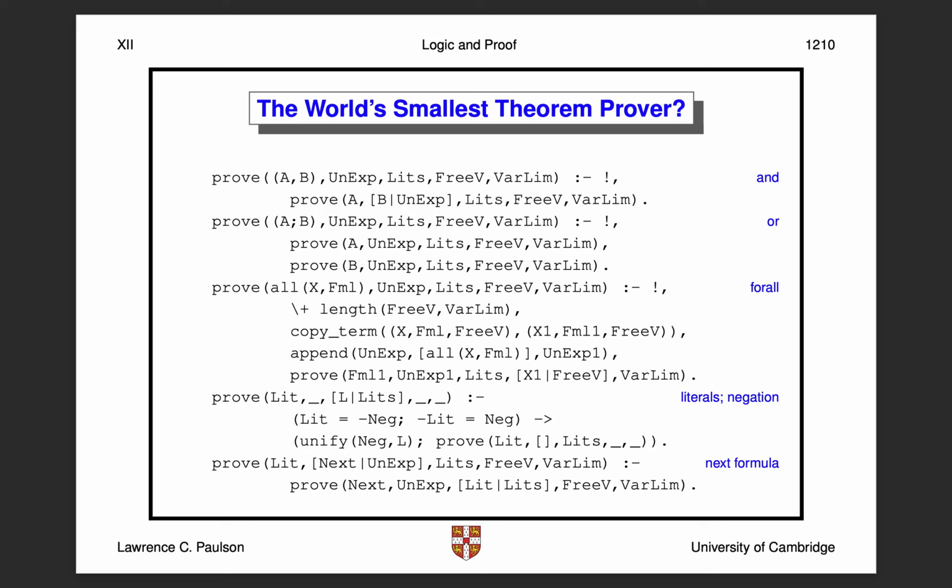Now, you don't know a lot of Prolog yet, and I'm not sure how much it's worth trying to go through this, but I will do my best. You have got, firstly, this prove predicate, which of course is recursive, and what it is trying to do is work its way through, if you like, the left side of a sequent of a free variable tableau.